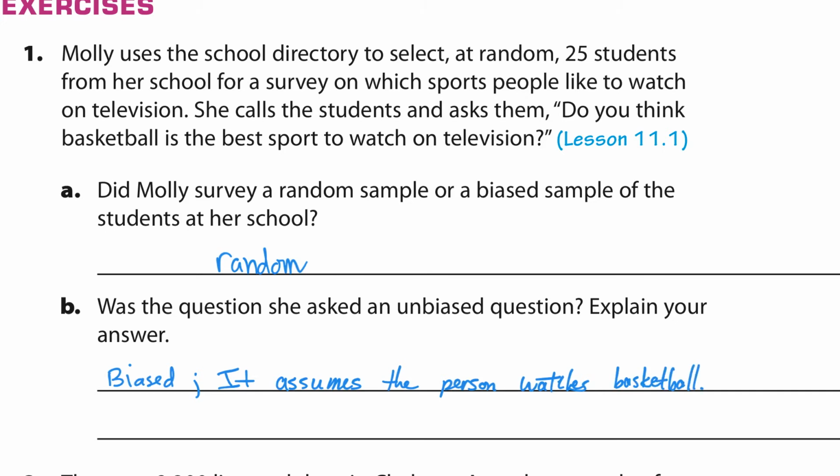Now that's just a sample idea, but think about the question here. Do you think that basketball is the best sport to watch on television? That's kind of leading towards basketball. It would be better if she just asked, "What do you think the best sport to watch is on television?" That's a more unbiased question.